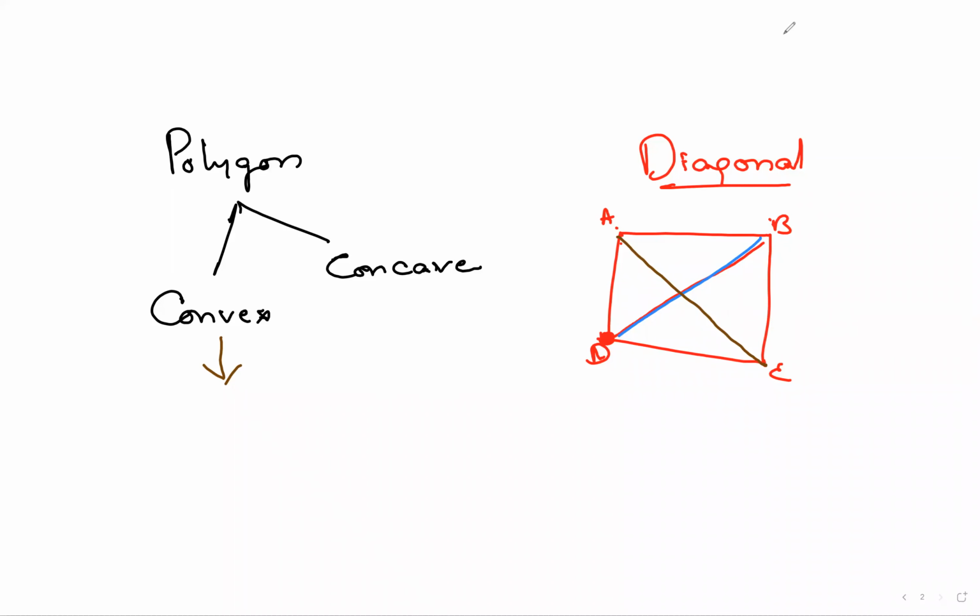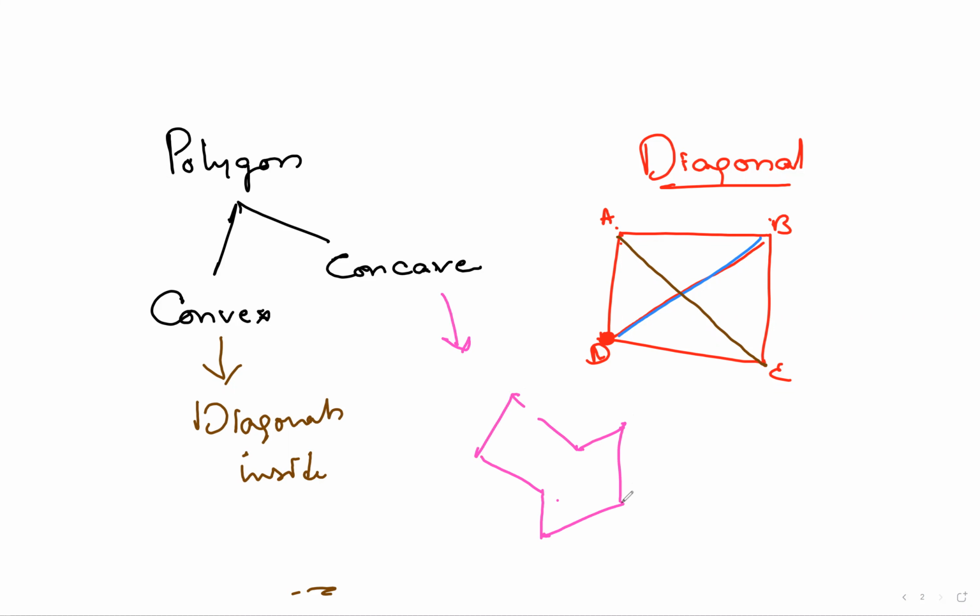So what is a convex polygon? The diagonals of a convex polygon are inside the figure. So this is an example of a convex polygon. And what is an example of a concave polygon? Suppose you take any polygon of this kind.